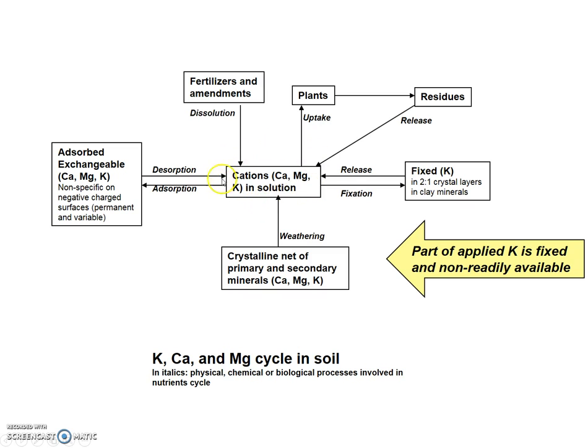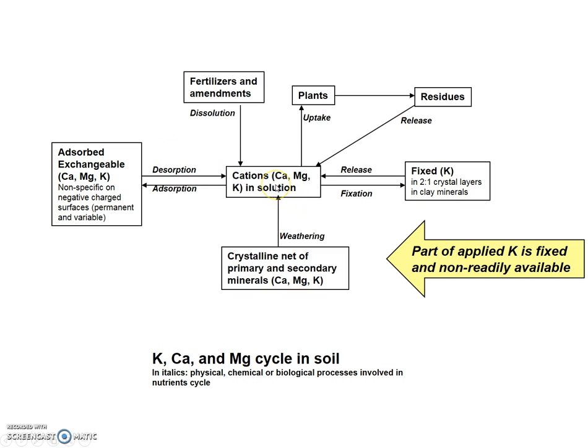Here we have in the center the cations in the soil solution, here considered as potassium, that can be increased by adding fertilizers or amendments containing those nutrients, and can be reduced by plant uptake of these nutrients.